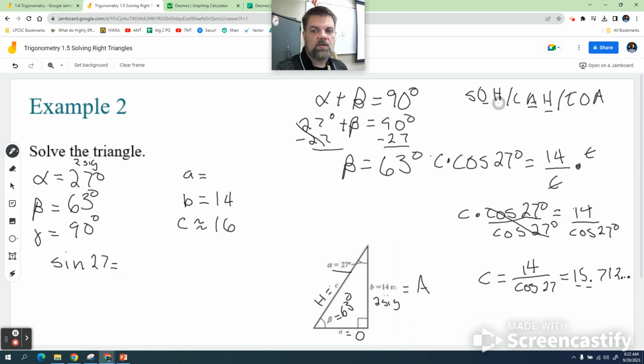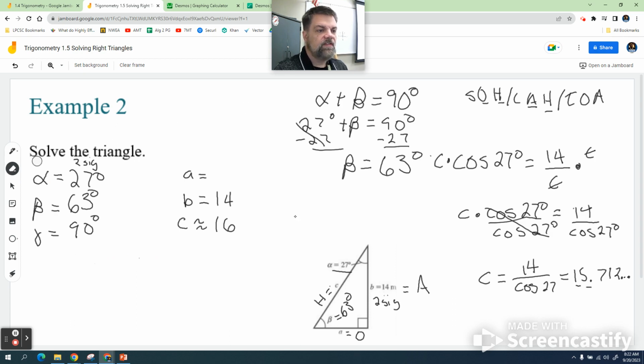So on the top, I have to plug in the opposite, which is A, and on the bottom, the hypotenuse. Technically, what I should do? Erase that. We should go with the given one, because we should always use the given values.